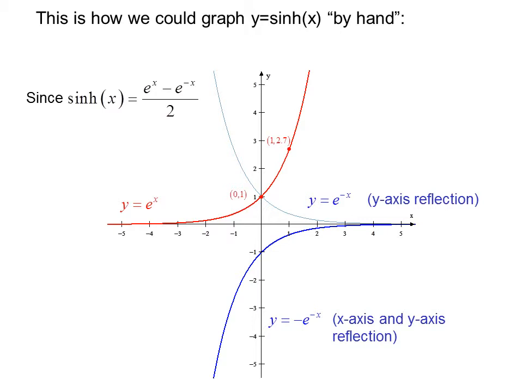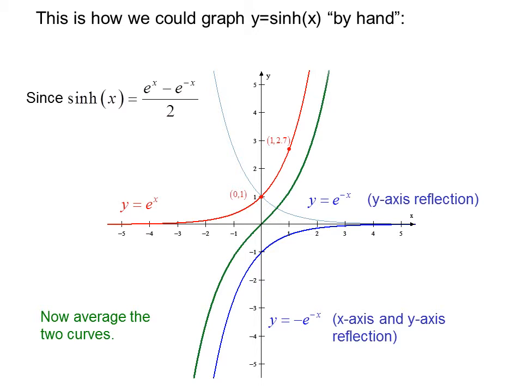The definition of sinh x is just the average of e to the x and negative e to the negative x. So we average our two curves. This gives us the graph of sinh x.